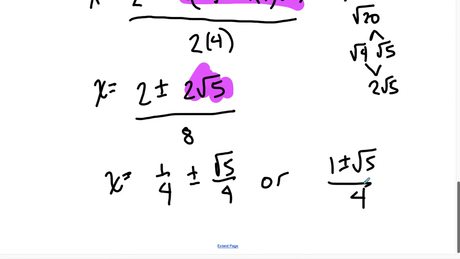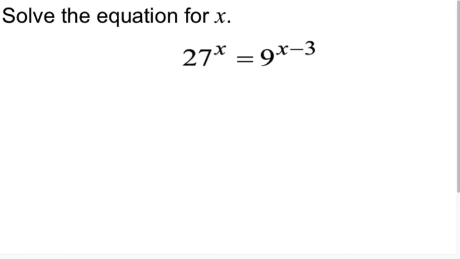Okay, I know we said that was the last example, but I do have another example. All right, this is my last example of this video: 27 to the power of x is equal to 9 to the power of x minus 3. Because they don't have the same bases, you cannot say x is equal to x minus 3.